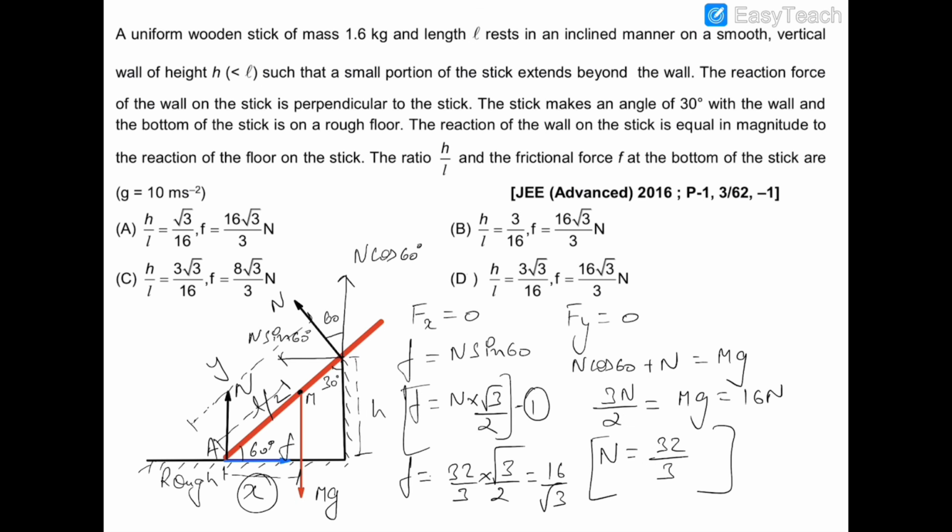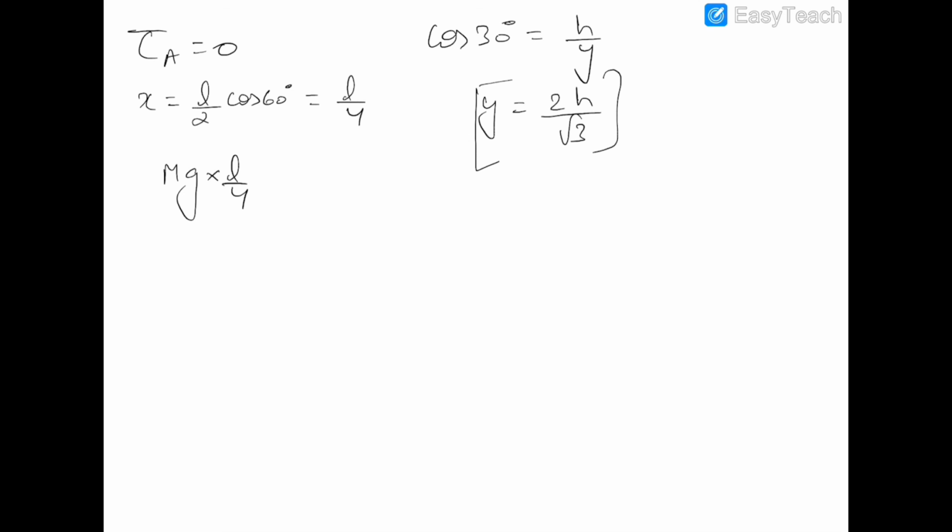So the torque of this normal reaction will be n into this distance y, because this normal reaction is itself perpendicular to the rod, and therefore the perpendicular distance of this normal reaction from the point A would be y. So n into y is the torque of normal reaction, and this torque is in anticlockwise sense. So there would be a negative sign with the torque of n, so this would be minus n into y, equal to 0. So mg into L by 4 is equal to n into y.